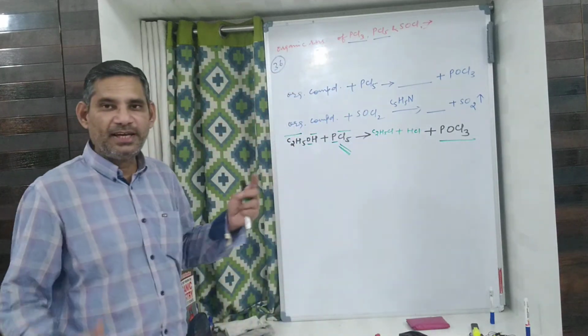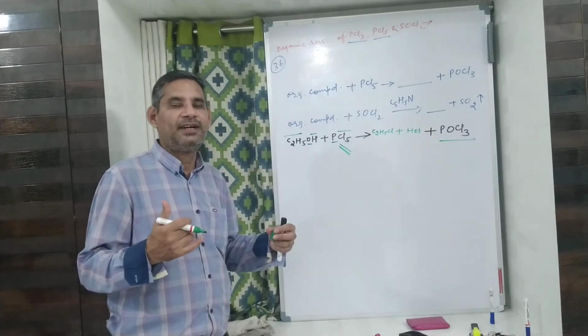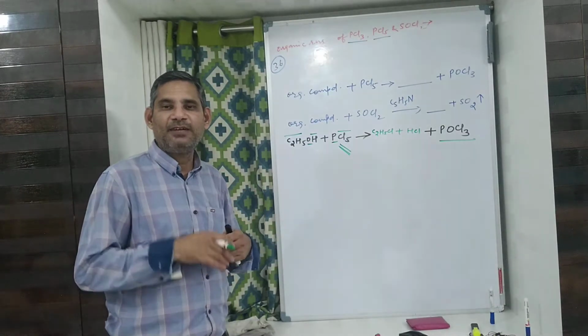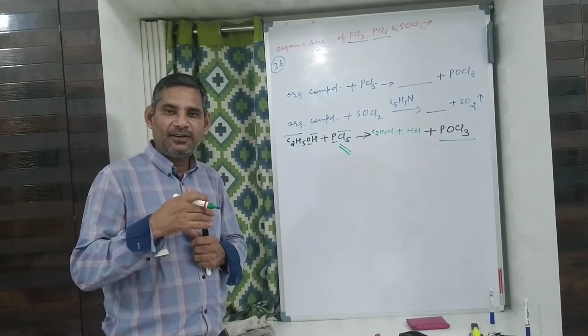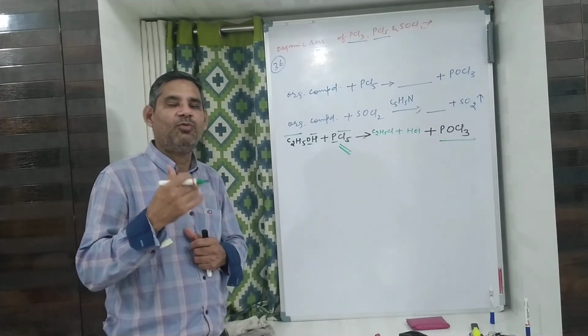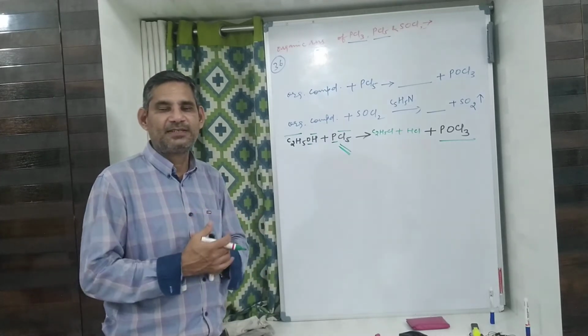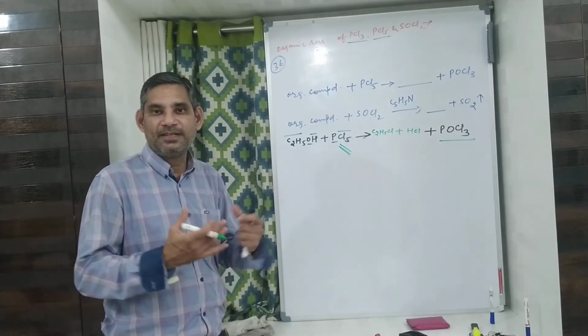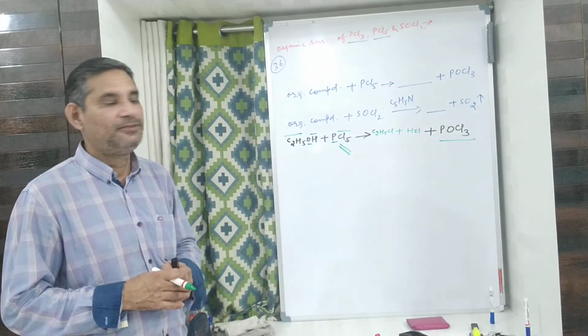Now see here valency as well as balancing both are addressed. What does it mean? It means this reaction is possible. If valency or balancing any one is not addressed correctly, then obviously this reaction won't be possible. This is the best way to come to know whether this reaction will be possible or not.